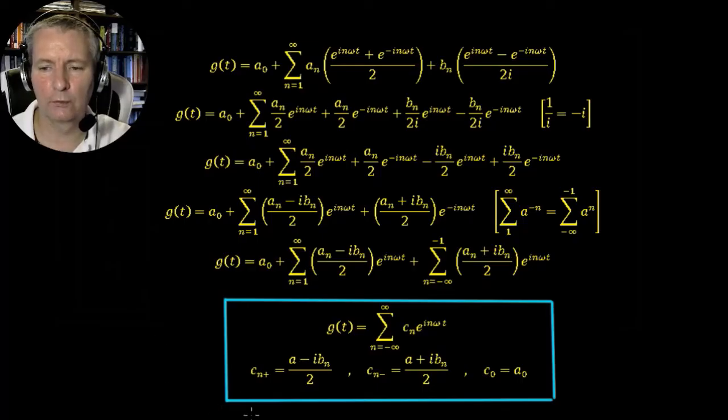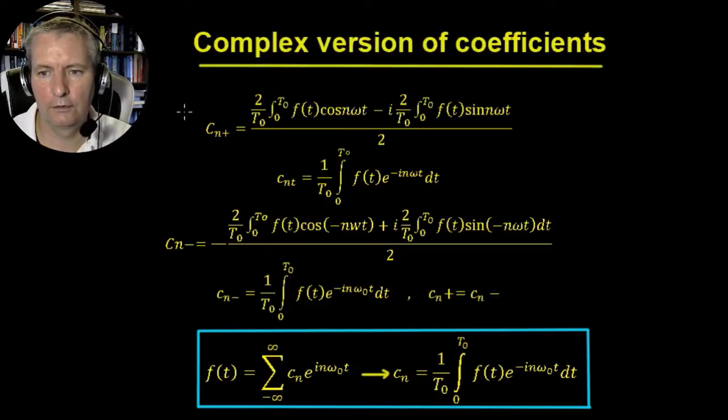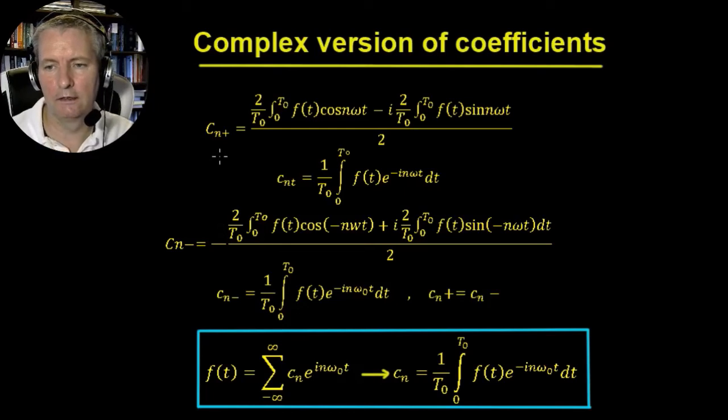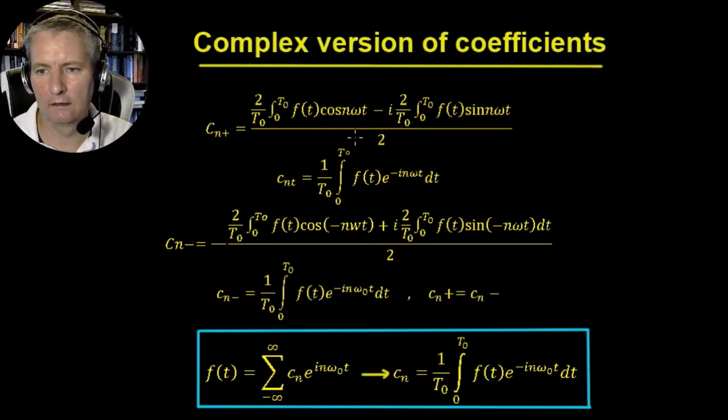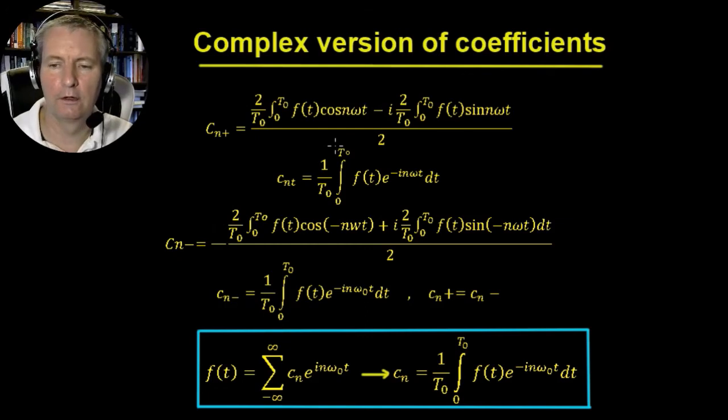So let's go ahead and simplify this even further. The Cn plus is just the An minus i Bn upon 2. The An can be written in this form here, that's just our value for An that we worked out via the Fourier series.